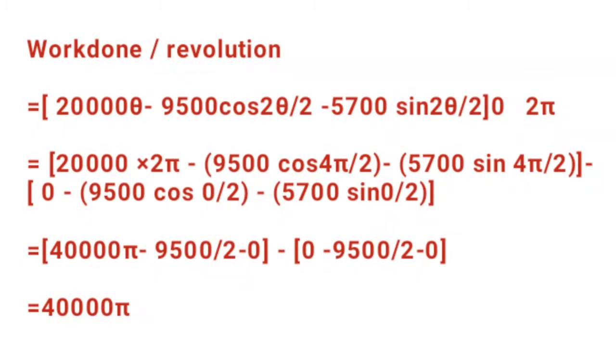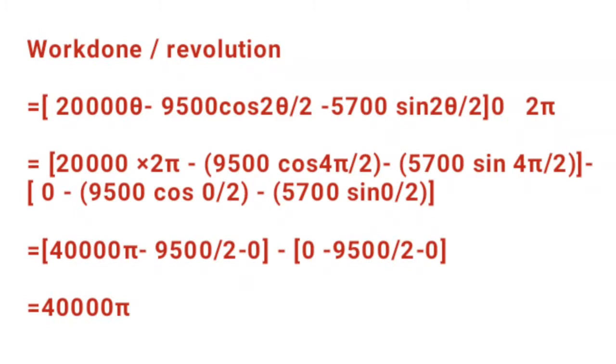Now here instead of theta we will put here the value of 2 pi. So if we put the value of 2 pi, that is 20,000 into 2 pi minus 9,500 cos of 2 pi into 2, that is 4 pi by 2, minus 5,700 sin of 4 pi by 2, bracket complete. Now again we have to take minus inside the bracket.